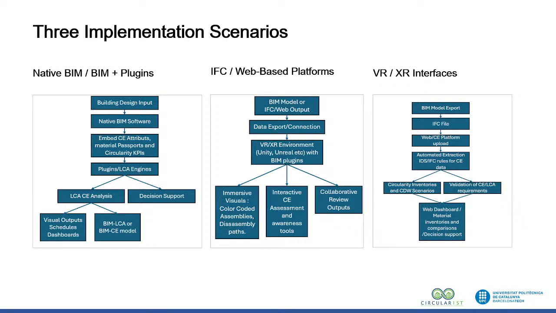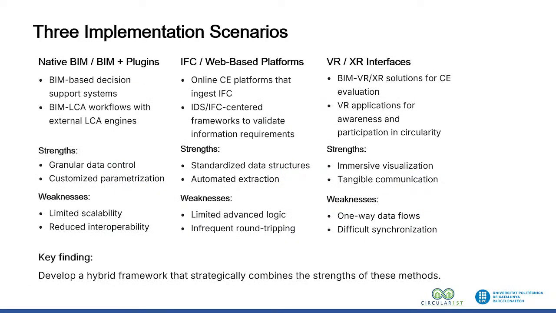The first one is more different. The second and the third are more similar, but the difference is where the authors put the accent: on visualization, or on how they worked with the IFC.